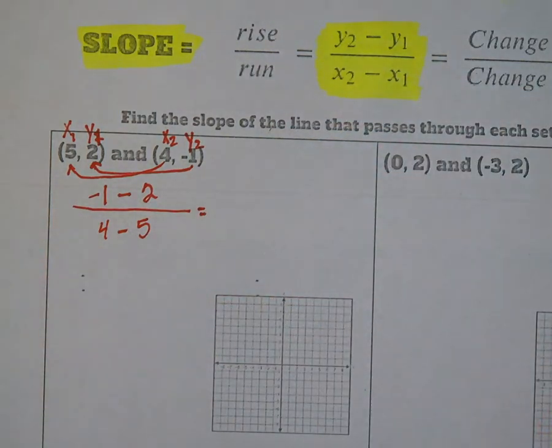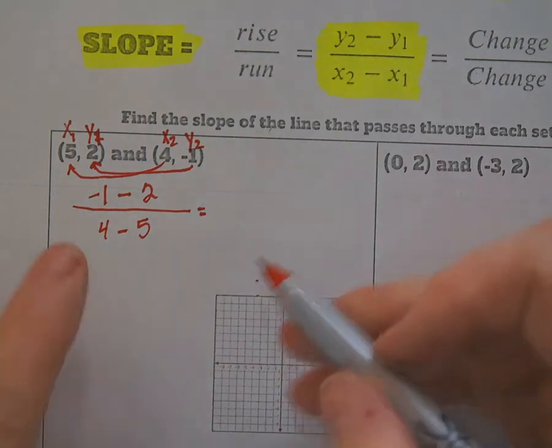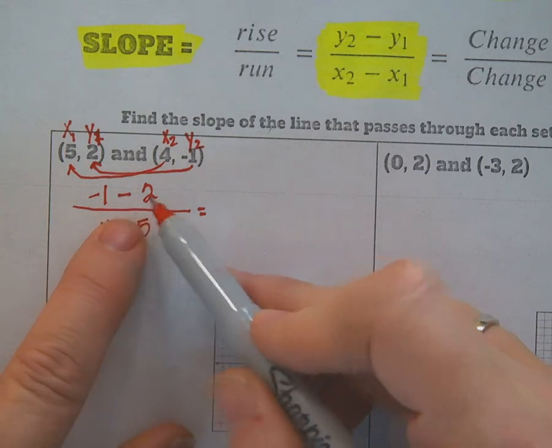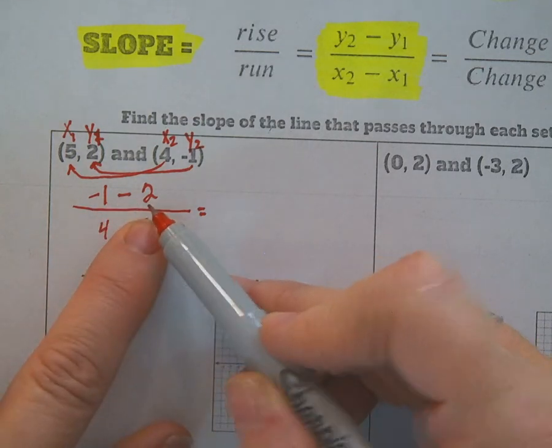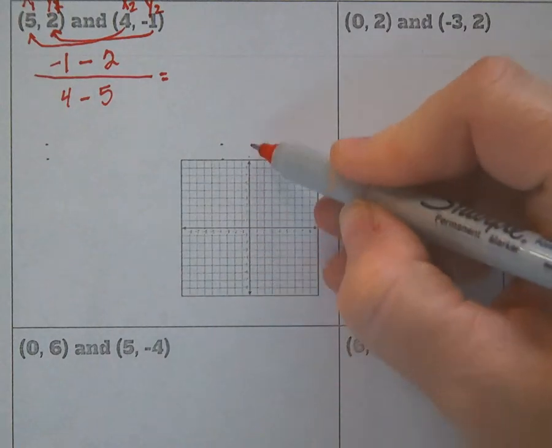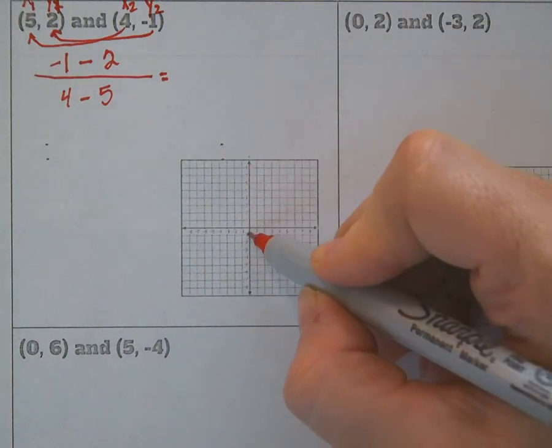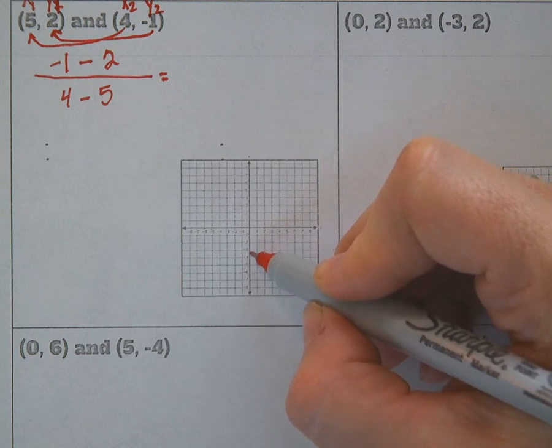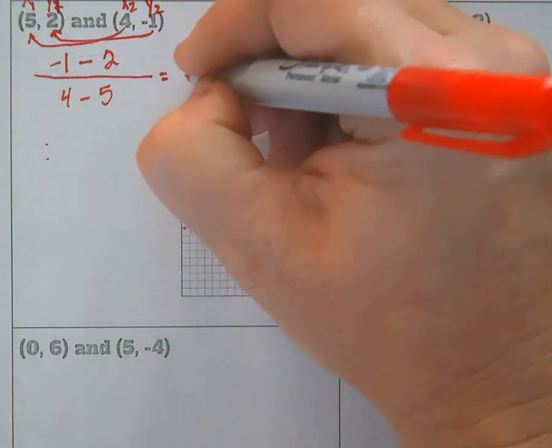Now, dealing with negatives may be tricky for some of you. So I'm going to show you how to do it mentally, but also on your calculator. So if you are at -1 and you have to go down 2 more, I want you to think about being on the y-axis. If you're at -1 and you have to drop down 2 more, where are you going to land? -3.